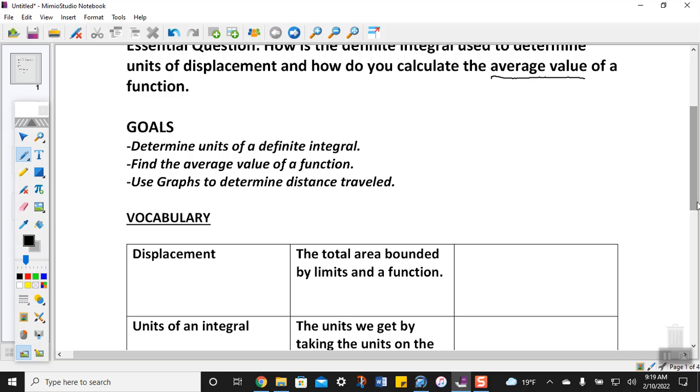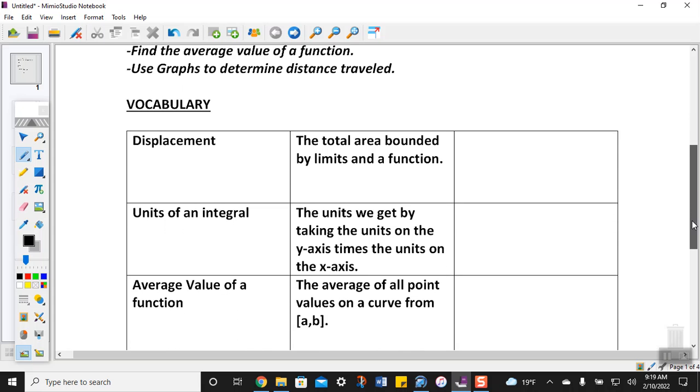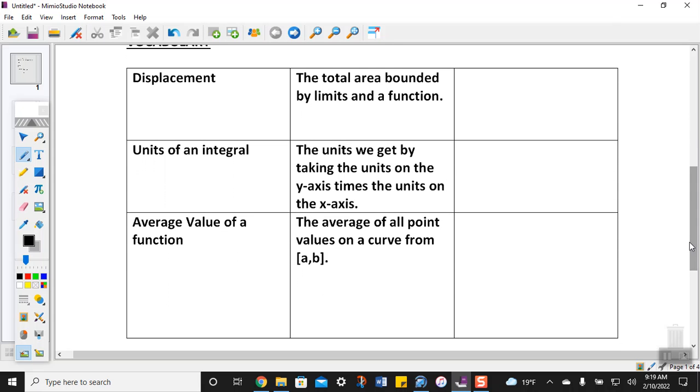Okay? So let's make sure we're good on vocabulary. I think most of this stuff should be okay here. Displacement. Guys, displacement is simply the total area bounded by limits and a function. So if this was my graph, maybe this is my function right here, and I have a lower limit a and an upper limit b.